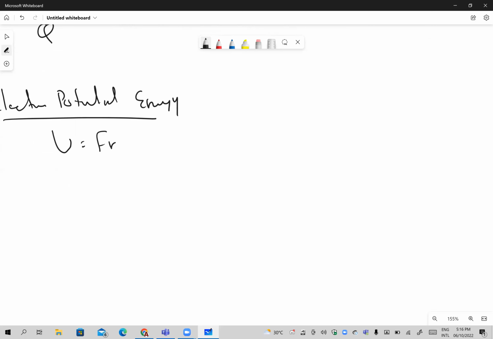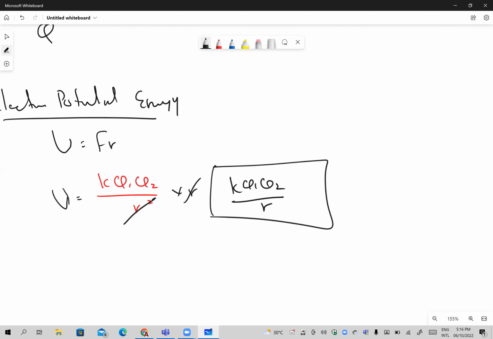Now F is Q1 Q2 over R square. So we're going to simply write K Q1 Q2 over R square, where we're finding a value for U, and multiplied with R. R and R we're going to just eliminate, K Q1 Q2 over just R. So this is the formula for electric potential energy, K Q1 Q2 over R. Is it clear till this point?